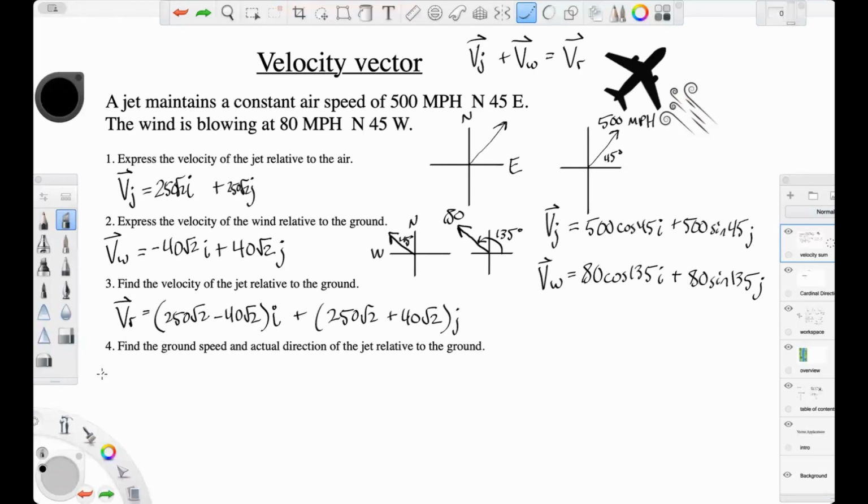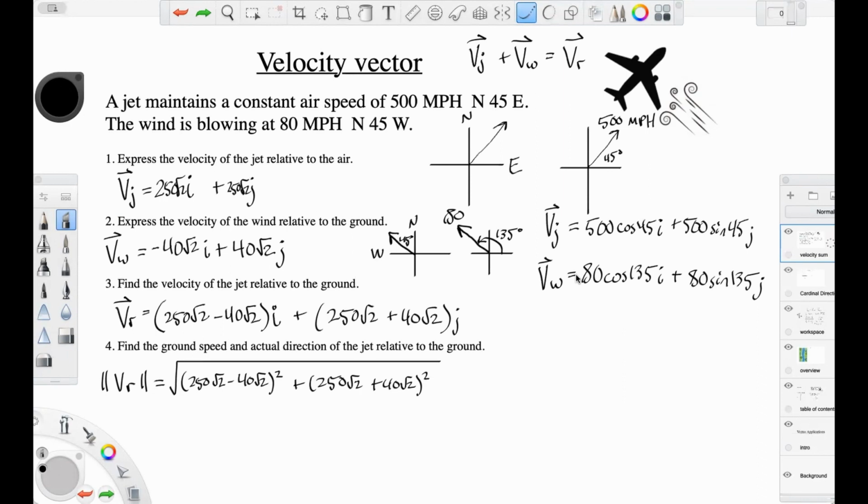So the velocity of this vector is going to be equal to the square root of the I component squared, so 250 root 2 minus 40 root 2 squared, plus 250 root 2 plus 40 root 2 squared, and that's all under this square root.